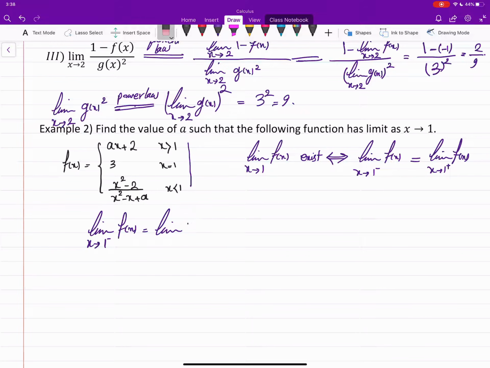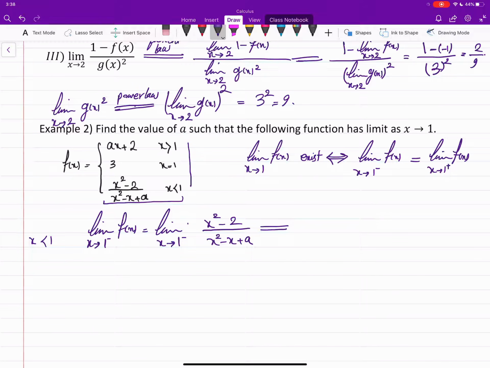So let's just do the left one. As x approaches 1 from the left, it means that x is always going to be less than 1, and less than 1 means that we can apply this formula for the function over there. So it will be x squared minus 2 over x squared minus x plus a.